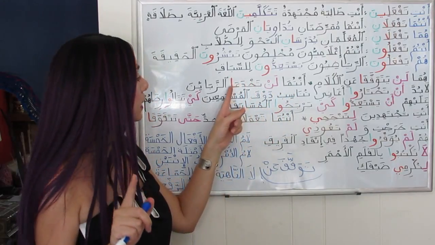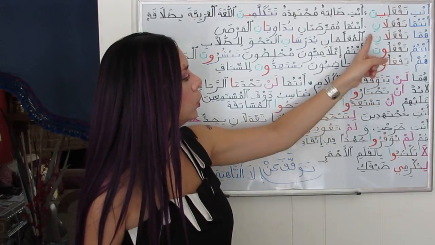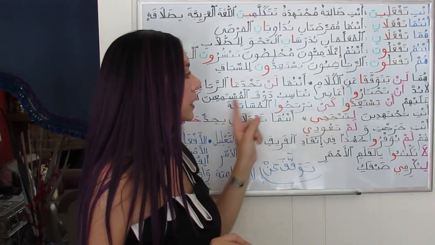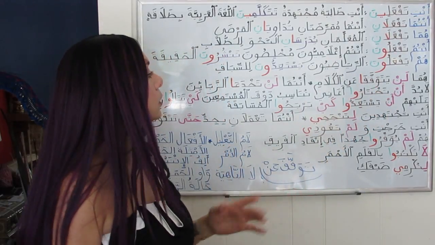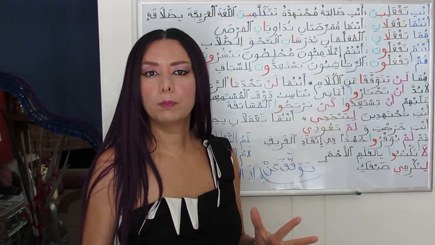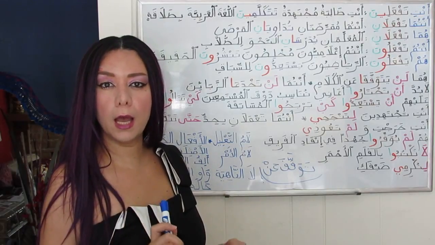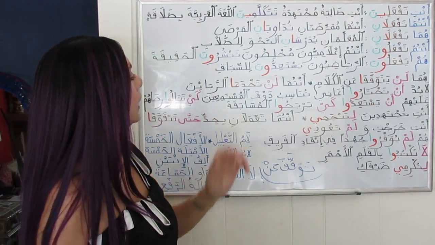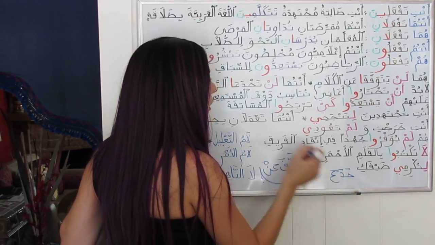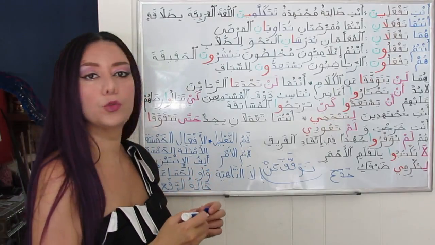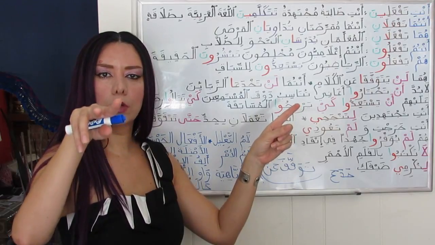أنتما لن تخدعا الزبائن. So in both cases you can see the noon is gone because the imperfect is preceded by لن. So these are in the imperfect subjunctive, in the accusative case, حالة النصب. So خدع is to fool or to trick. أنتما, both of you, I'm addressing both of you.